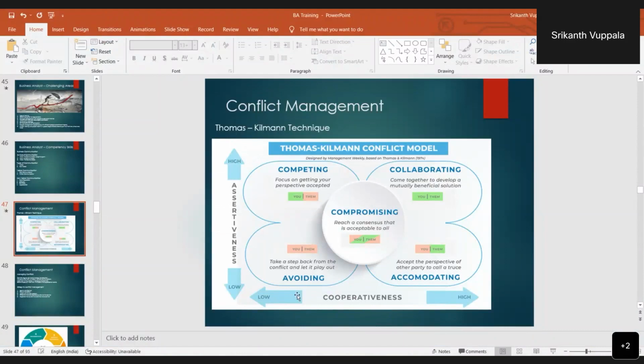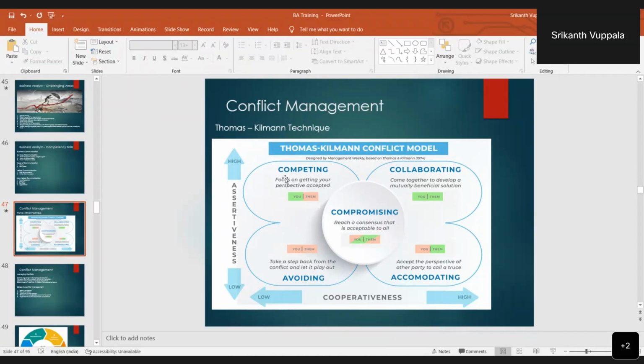As you can see here, this is low cooperativeness and this is high cooperativeness, and this is high cooperative and this is low cooperative. The people who fall under this section will not take part in that particular conflict. Okay, you have to identify those people.